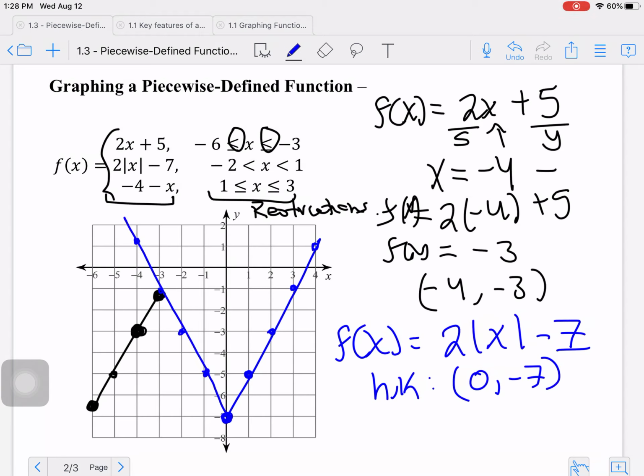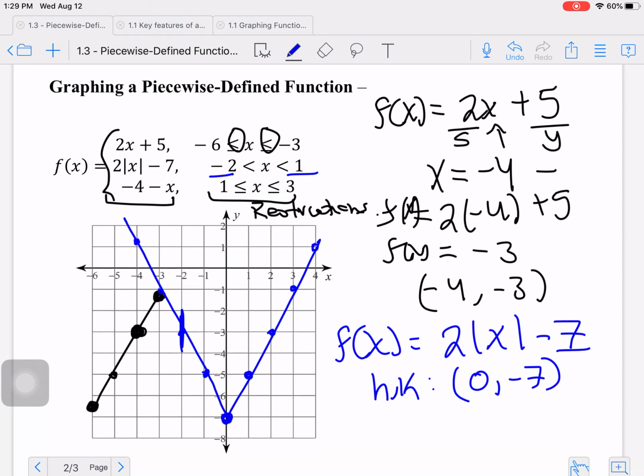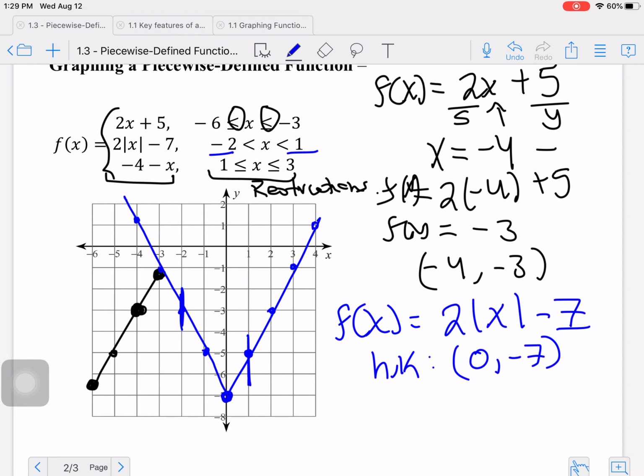But it also has restrictions. In this case, this function should only exist in between -2 and 1. Well, -2 is right there, and 1 is right there. So your function should only exist in between those two lines. Everything else, I'm going to erase.